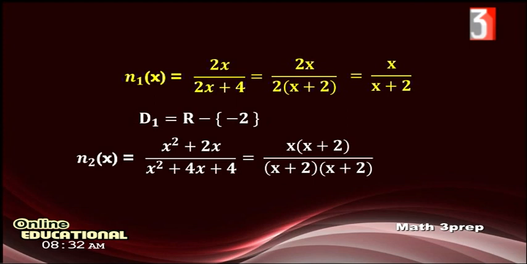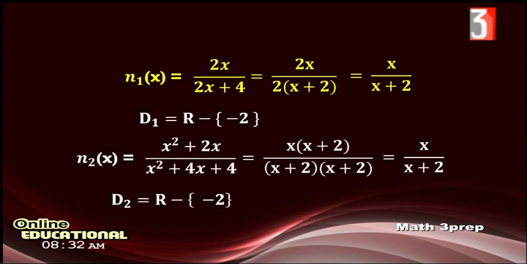The denominator: it is x and x. What about 4? Either 1 by 4 or 2 by 2. Of course, you are going to choose 2 by 2 as their sum gives 4. So the two brackets will be (x plus 2)(x plus 2). By reducing, it will be x over (x plus 2). What about domain number 2? It is R except negative 2.